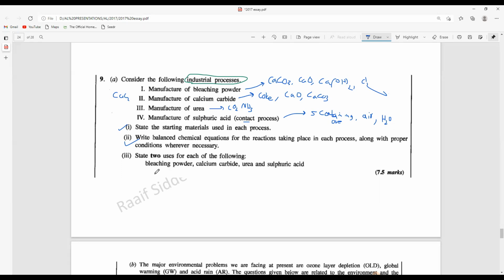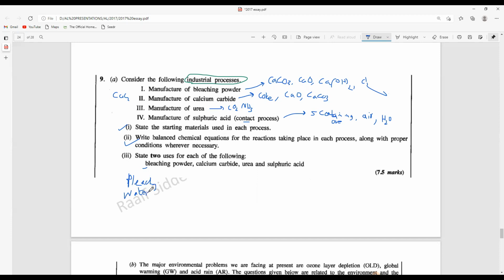State two uses for each of the following. You know what the general uses are, right? Bleaching powder can be used as a bleaching agent. This is typically known. And the other one is that it can be used for water sterilization. These are the two common things.